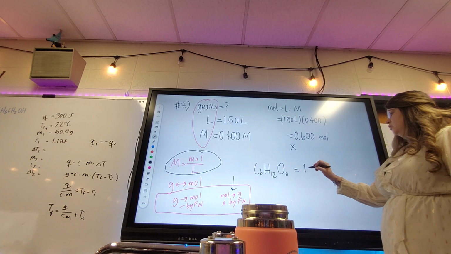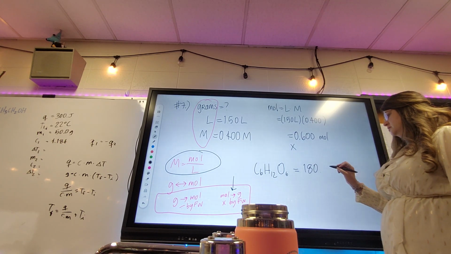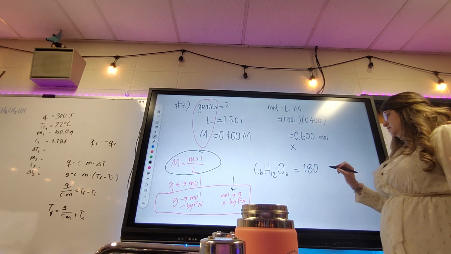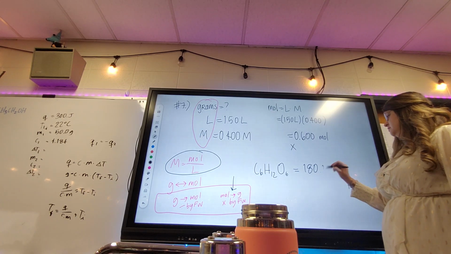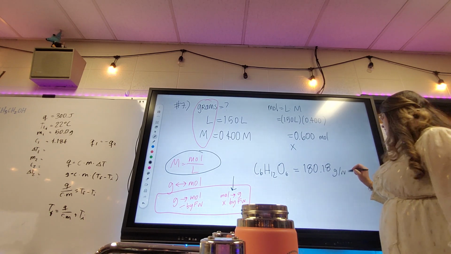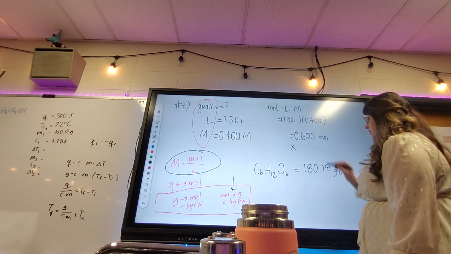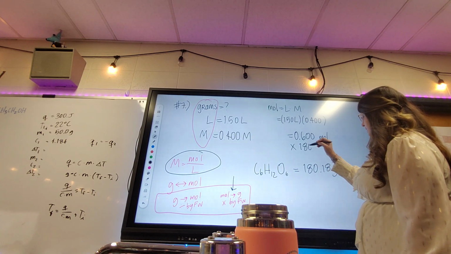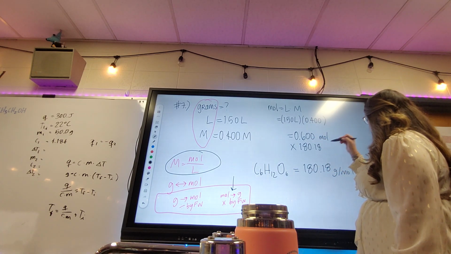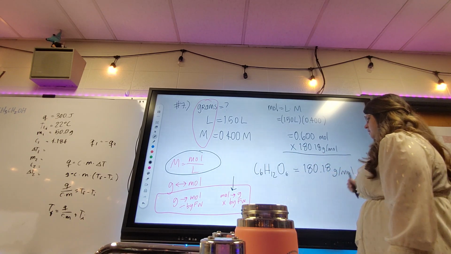It should be 180.18. Okay, so I'm just going to put that number into my work here. You don't need to show work when you're calculating formula weight, but hopefully you'll get it right.